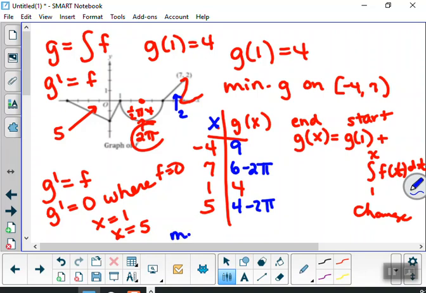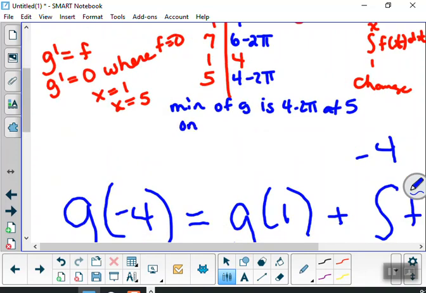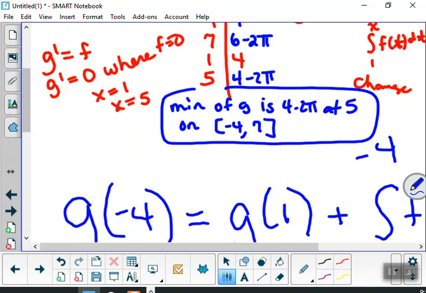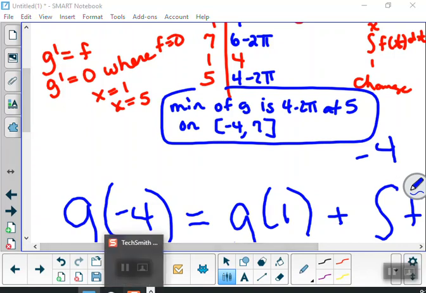So the minimum of G is 4 minus 2 pi at 5 on the interval negative 4 to 7. Okay, hope that helps. It's not the prettiest set of solutions, but I think that gives you what you need. Okay, let me know.